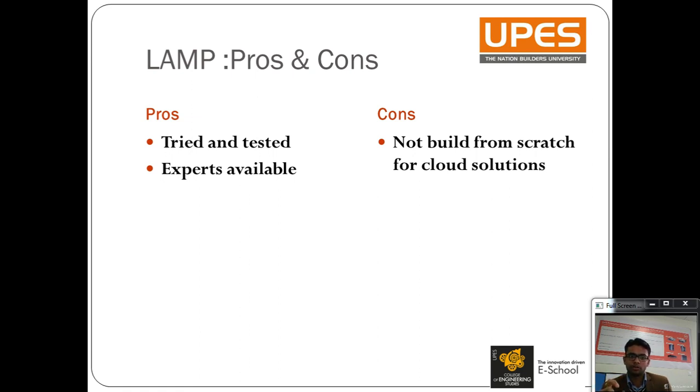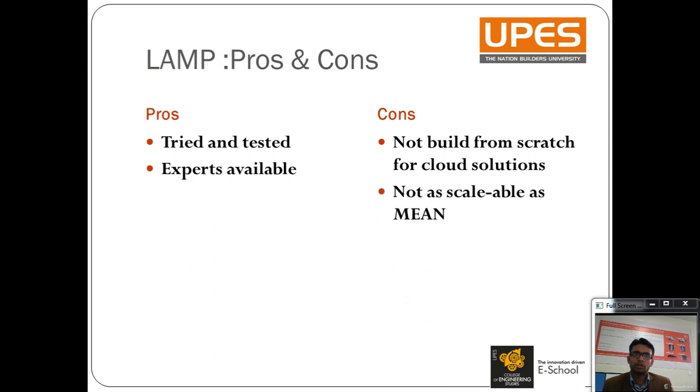But there are some drawbacks with the LAMP stack. It's not built from scratch for cloud solutions, because technologies like PHP were not built for the current requirements of cloud solutions. PHP was initially built for smaller kinds of websites.